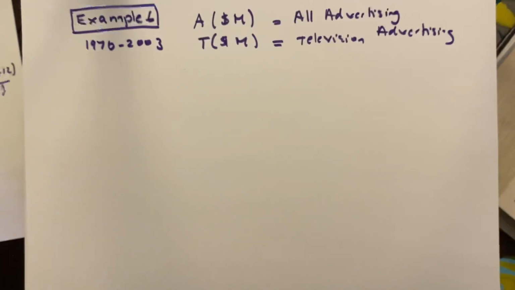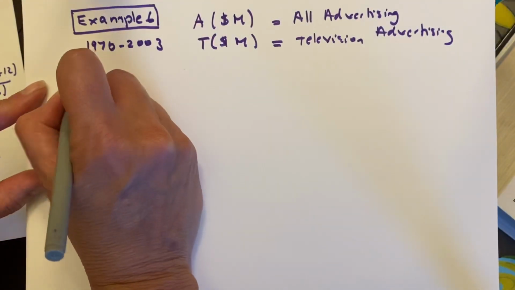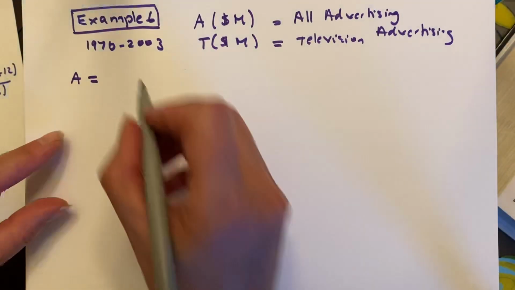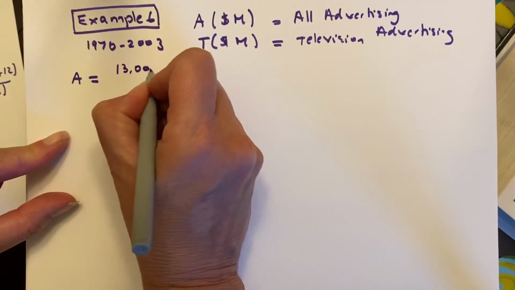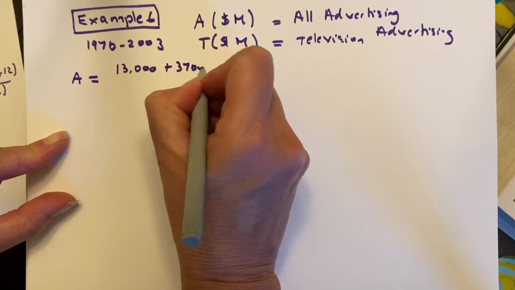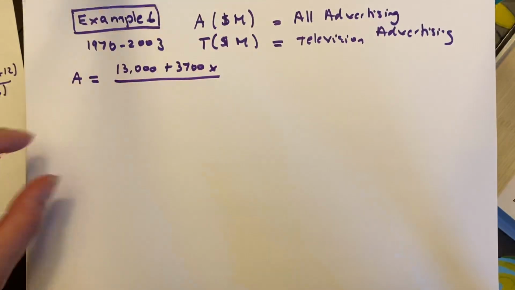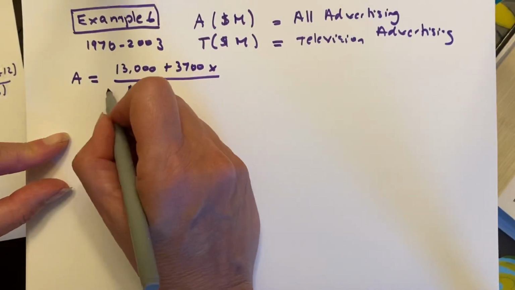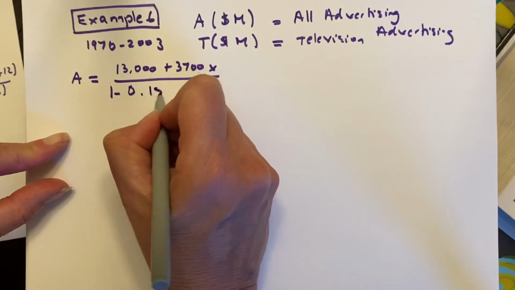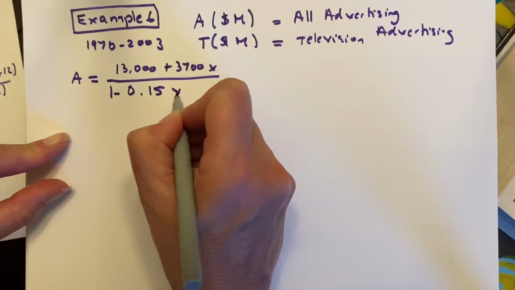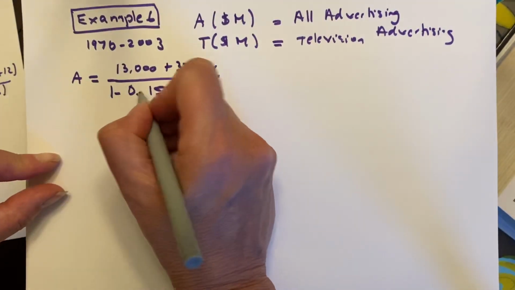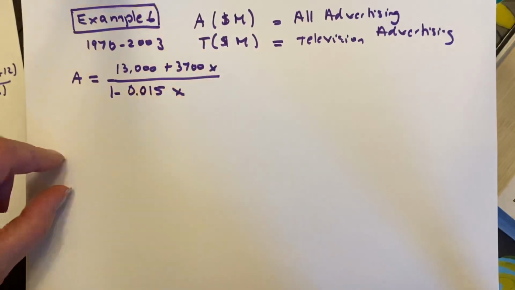Can be modeled by, so they give us 2 equations. A equals 13,000 plus 3,700x over 1 minus 0.015x. Oops, I forgot a 0. Let me make sure I write that correctly or we'll be in trouble.